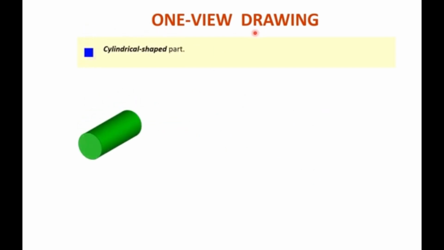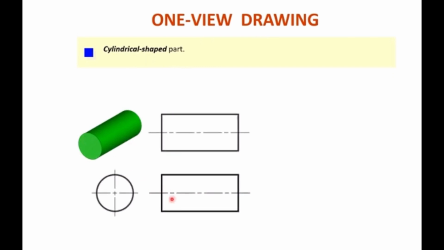Again, take one example, a cylindrical shape part. That is a top view, front view and the side view. From the side view, that is a circle. Here, this is a repetition, so we can omit one. Now, we can infer from the center line.